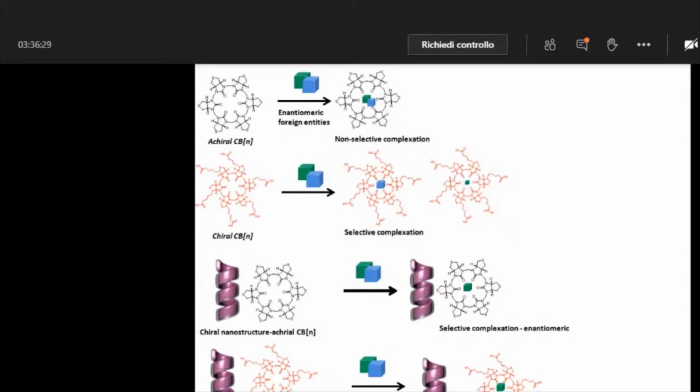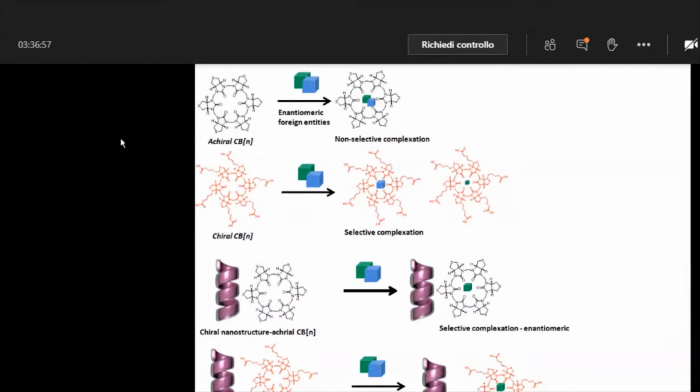In order to do that, you need a chiral template, a chiral substrate, for detection of chiral molecules. If you start with an achiral cucurbituril and you have an enantiomeric mix of chiral pollutants or chiral molecules, it's difficult to sense. The achiral cucurbituril cannot distinguish between the two-handed enantiomers.